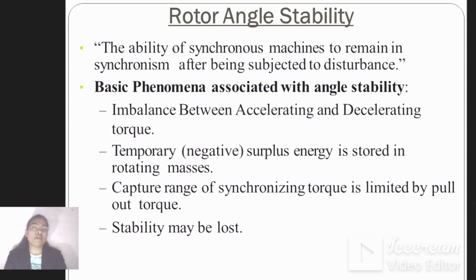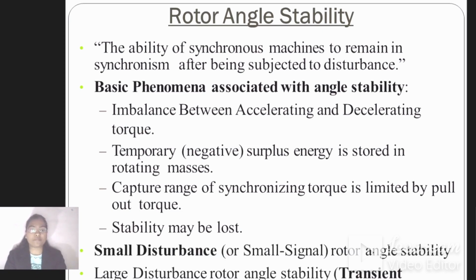And third, the capture range of the synchronizing torque is limited by the pull-out torque, that is the maximum torque at the angle delta equal to 90 degrees, and the stability may be lost when the rotor angle goes beyond 90 degrees.